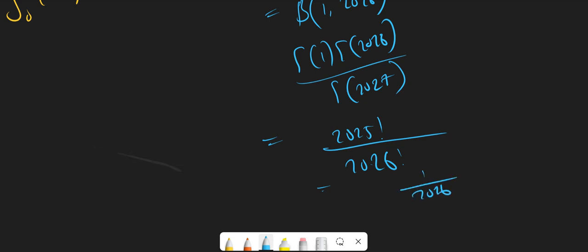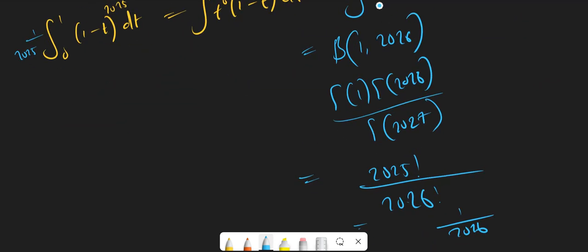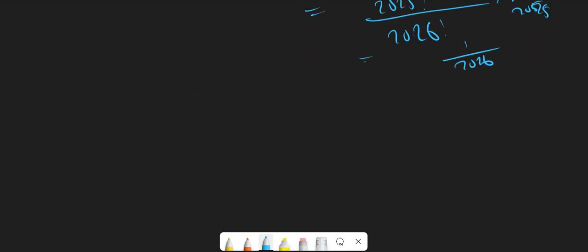And of course, I forgot the extra factor because this dx is 1 over 2025. I'm supposed to have 1 over 2025 here. So this whole thing is multiplied by 1 over 2025. So basically, everything is the same answer as before. So no need to waste too much time on that now. Let's move on.